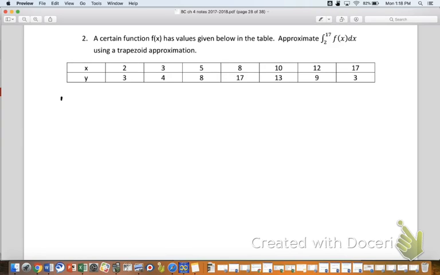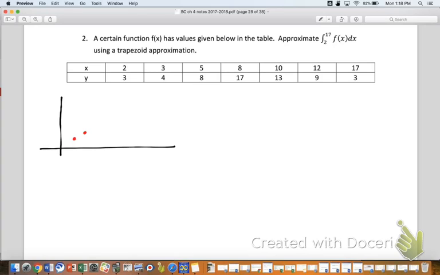I'm just thinking for sure, for somebody like Jaden or Jeff, maybe a picture is wise. So I'll at least draw a part of this. 2, 3 would be right there. 3, 4 would be up there.